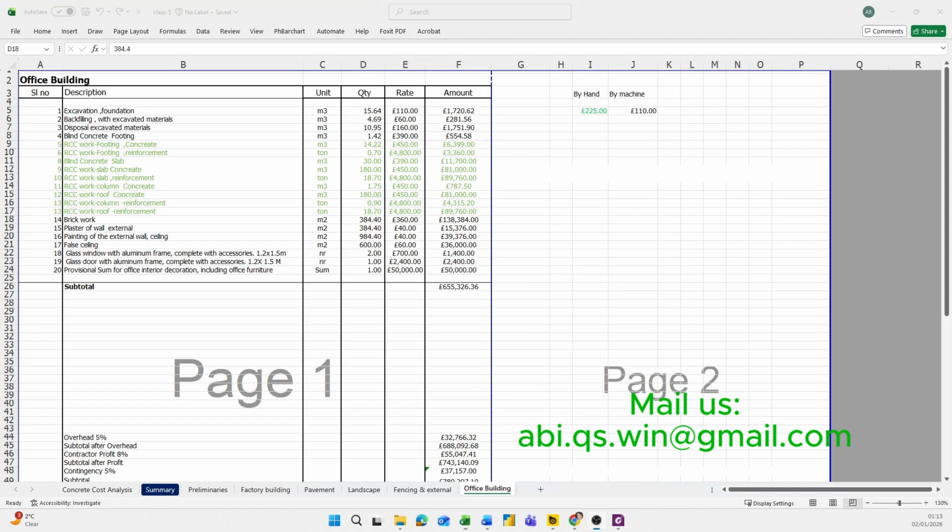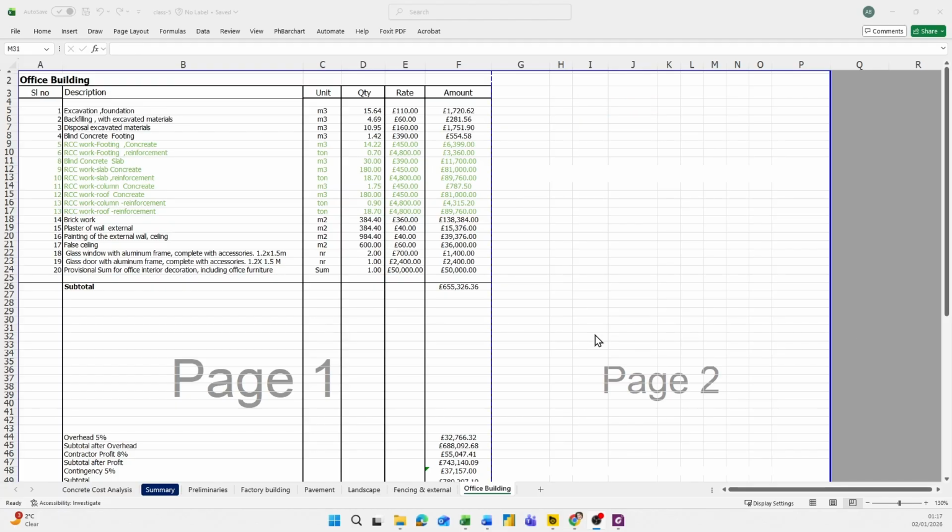Obviously, when the quantity is very small, the price automatically increases because the main contractor needs to bring a separate contractor for brickwork. For this small 384 square meter work, they need to bring one team. They need to bring their assets of equipment.